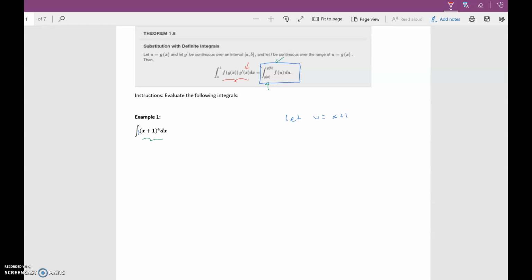Now, to do the u substitution, we have to differentiate both sides of this equality statement.